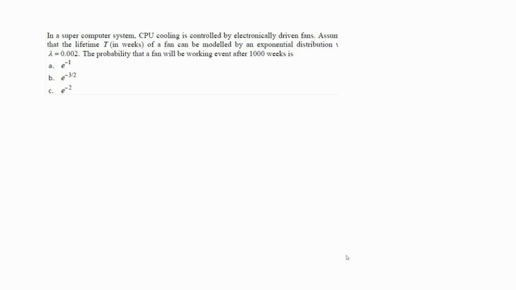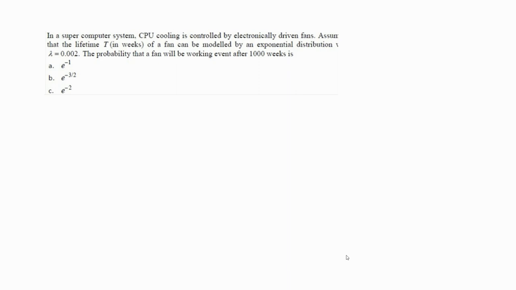So next question we have here is that in a supercomputer system, CPU cooling is controlled by electronically driven fans. You all know that most probably. If you have any laptop or system, then CPU cooling is controlled by the fans it has. Now, given here is that assume that the lifetime T in weeks of a fan can be modeled by exponential distribution.